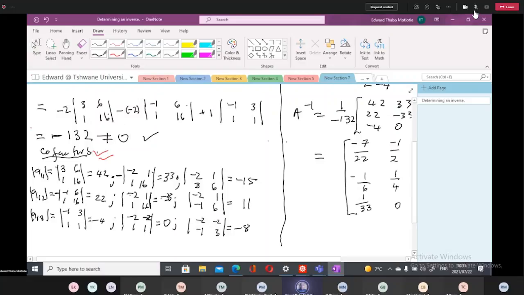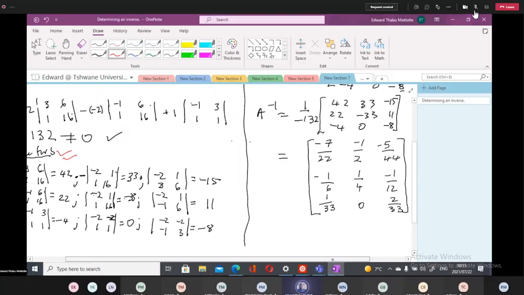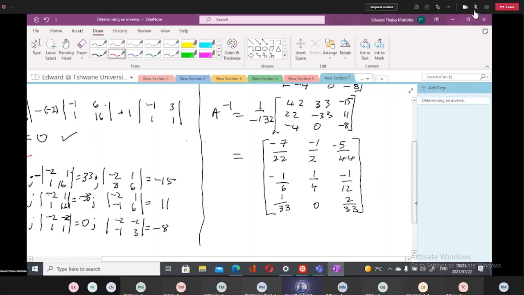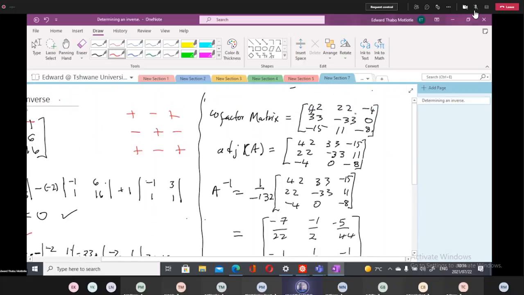So I managed to determine those cofactors, and I put them in a matrix. These are the cofactors. Immediately after that, you transpose them. When you transpose, you can see this column here I have written as a row. So it's 40, 33, minus 15.